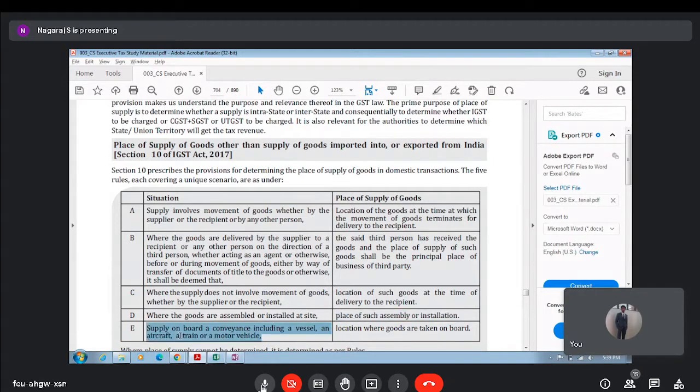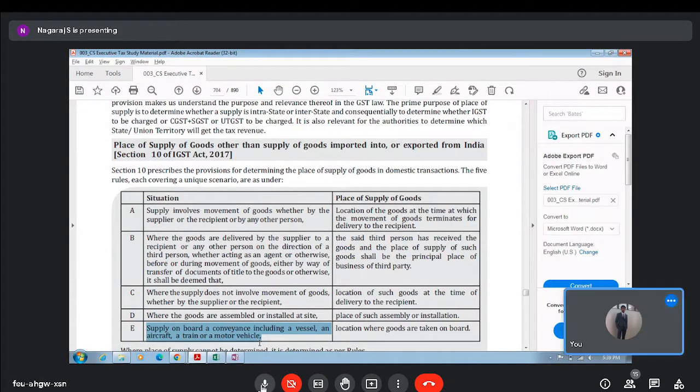Last one, supply on board a conveyance, including a vessel, an aircraft, a train or a motor vehicle. Have you gone by flight or by train somewhere long distance? Yes, sir. Delhi, Bangalore. Have you purchased any food within the train?